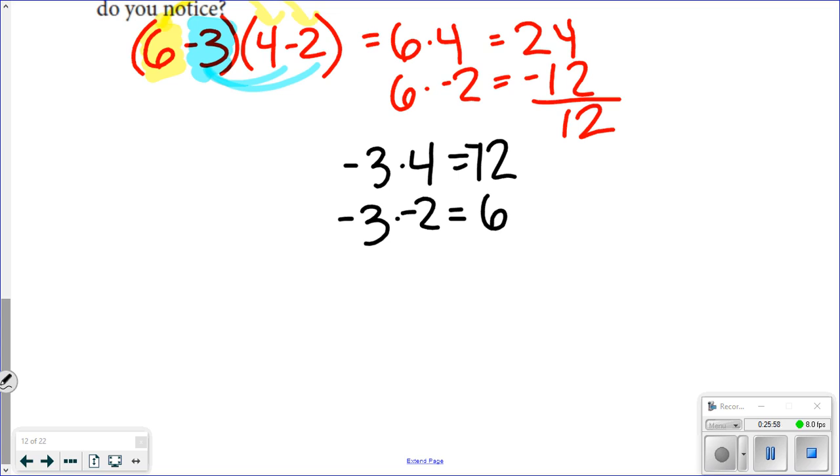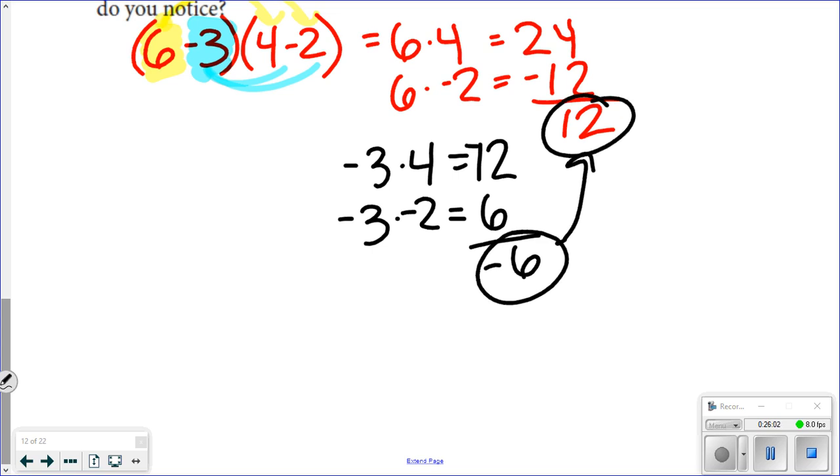Negative 12 plus 6 is negative 6. Then we got to combine these together. 12 minus 6 equals 6. And that seems a little confusing. Okay? But I promise it's going to get easier. It's going to get better.